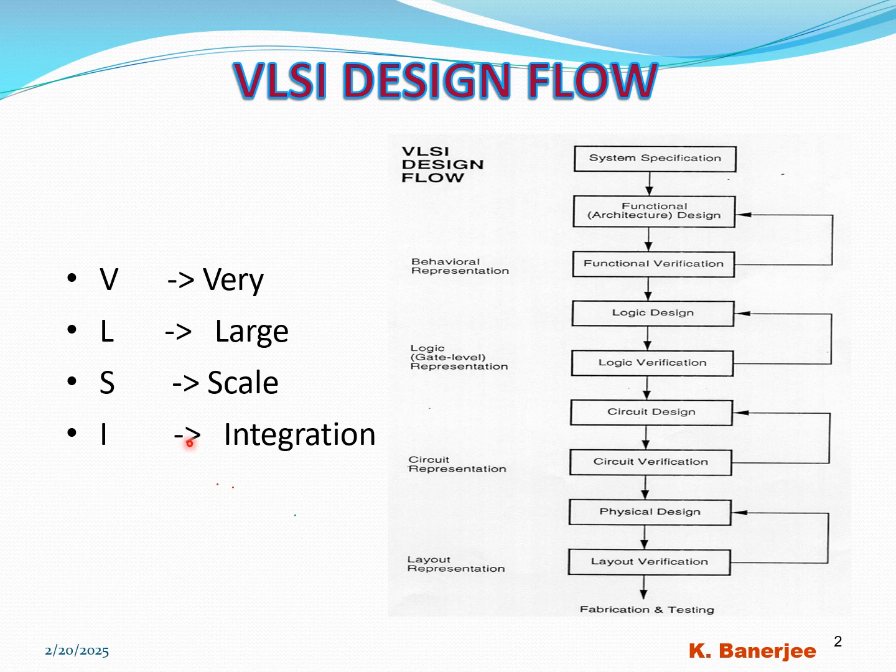And for VLSI, very large scale integration, the range is 10,000 to around 1 lakh. So we can say that it is 10 to the power 4 to 10 to the power 6. Next is ULSI, that is ultra large scale integration, where the range is 10 to the power 5 to 10 to the power 6.